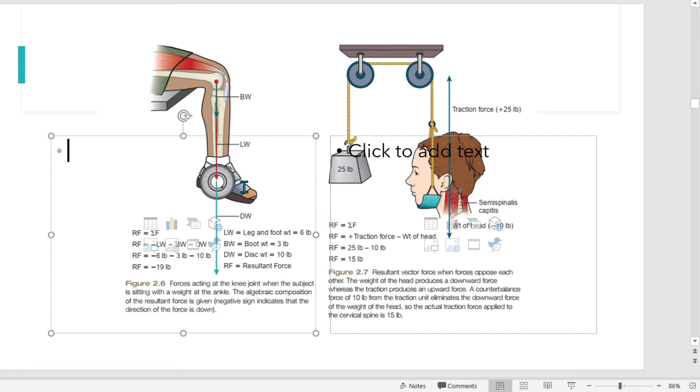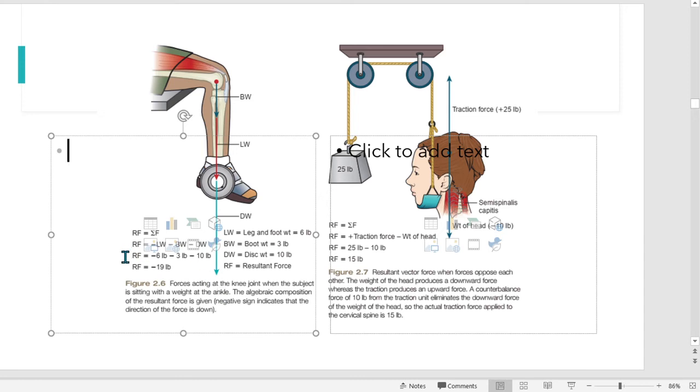You also consider the weight of the boots here, because the patient is wearing the boots, and the weight of the ankle weights, which is 10 pounds. Now, how do we come up with this negative sign? Because all of the weights are directed downward.